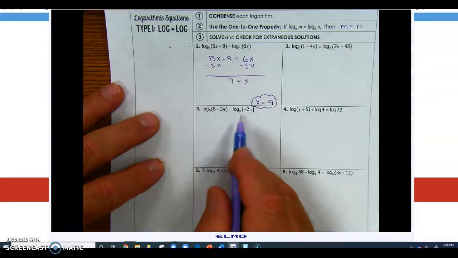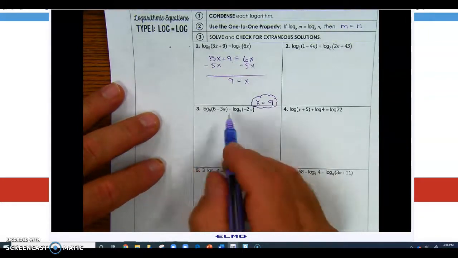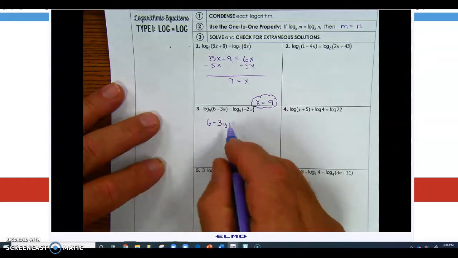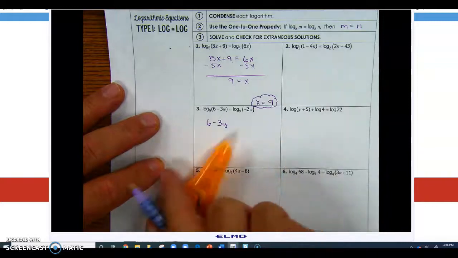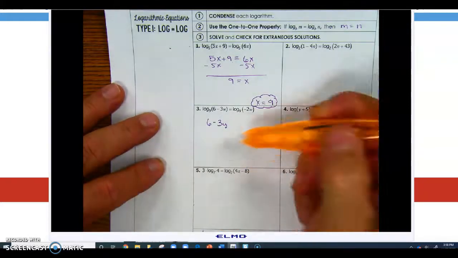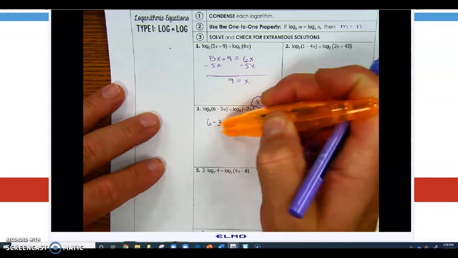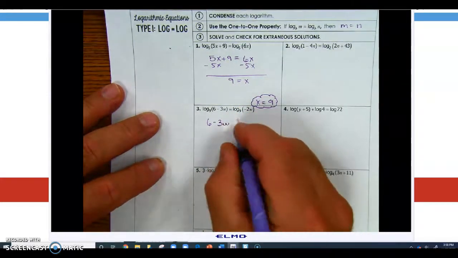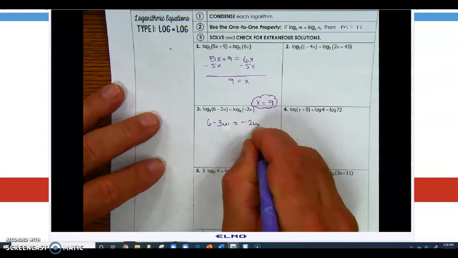Again, we don't have to condense anything, so now the logs have the same base, so just drop the logs. 6 minus 3w. Sorry, that should be a w. 6 minus 3w equals negative 2w.